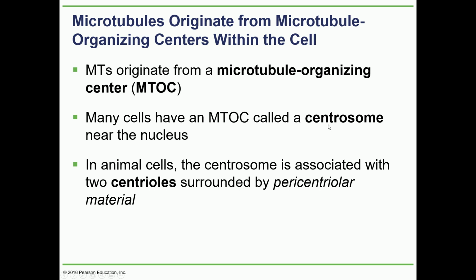And this centrosome is a region outside the nucleus, and this region has two centrioles, which are rod-like structures made of microtubules, and these centrioles are surrounded by pericentriolar material. So this region called centrosome, which has two centrioles, is called the microtubule organizing center.